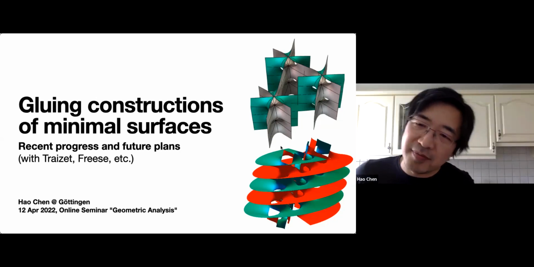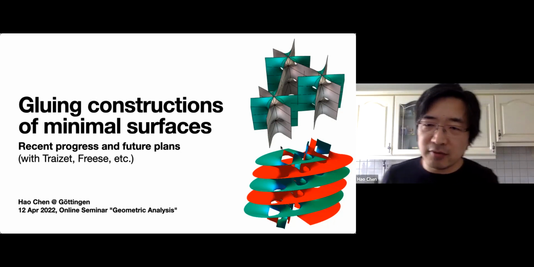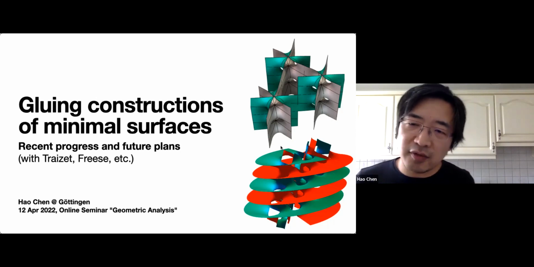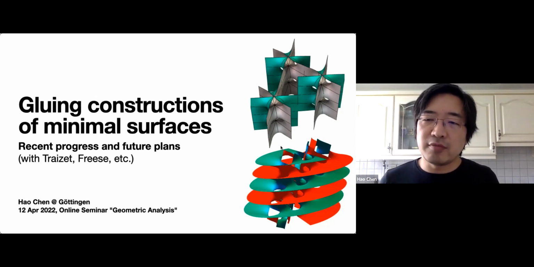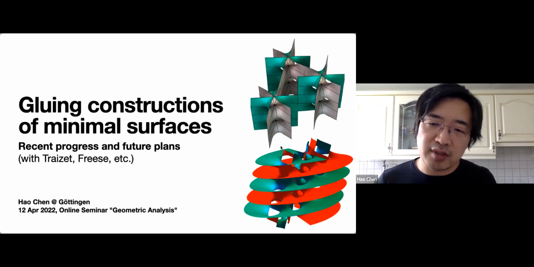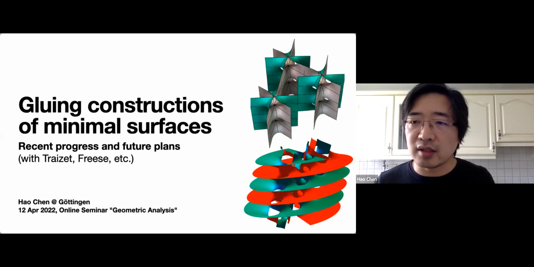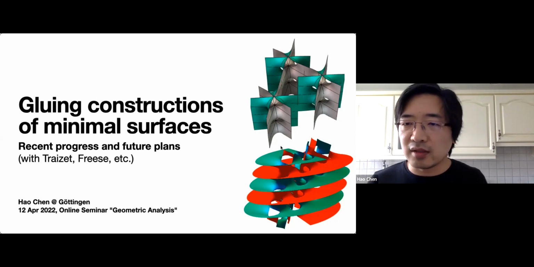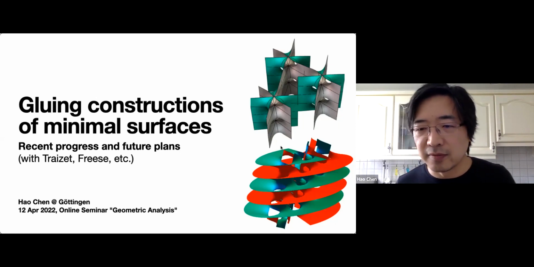Thank you very much. So this talk is about gluing constructions of minimal surfaces. The technique itself is not new, but I will report some recent progress. So this covers works that go back to 4 or 5 years ago. Some of these works are joint with Martin Traizet and Daniel Freese, and there are some ongoing works with other people.